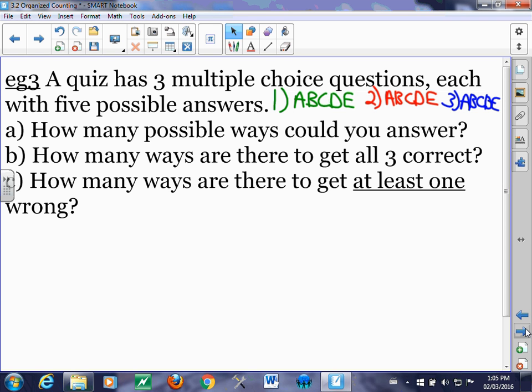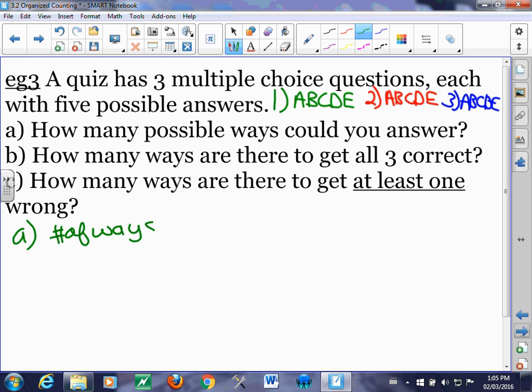Now, how many possible ways could you answer? So this is the different possible ways you could answer. For the first one, the number of ways is going to equal how many different ways you could answer question 1, times, because it's multiplicative and you're going to multiply, how many ways you could answer question 2, times how many ways you could answer question 3.